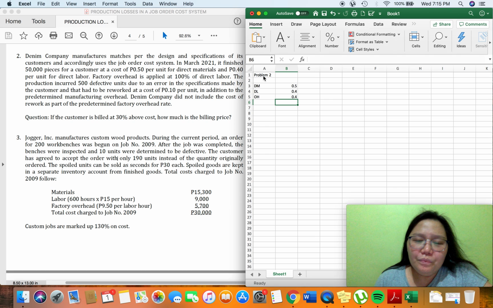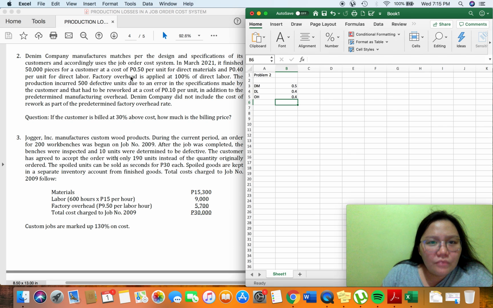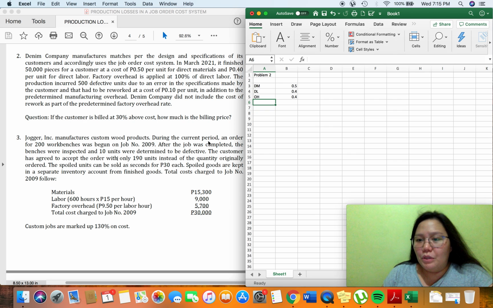Diba? So that is okay because in this case, it is the customer's fault. It was mentioned there that it is due to an error in the specification made by the customer. Therefore, we can ignore the statement that the company did not include the cost of rework as part of the predetermined overhead rate, because it is okay since the customer will shoulder the loss. Okay?